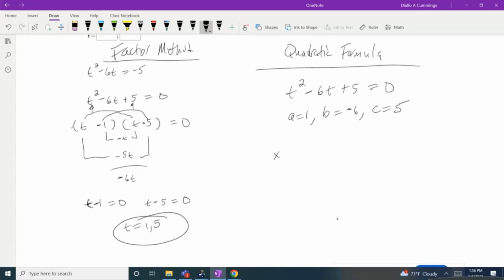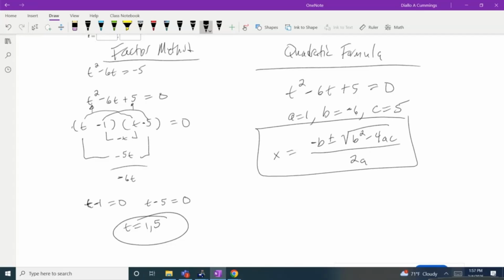And if we rewrite the quadratic formula, it might be a little bit time consuming, working it all out in the quadratic formula, but it's the most straightforward method.